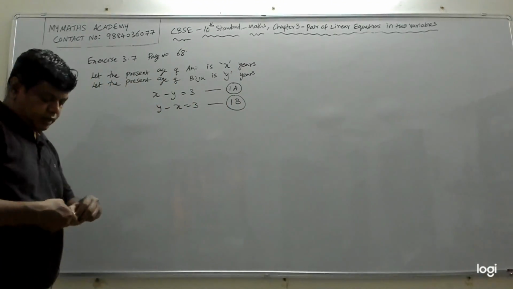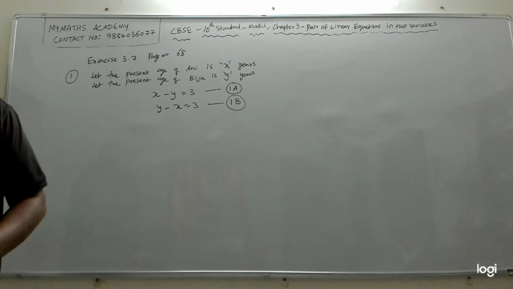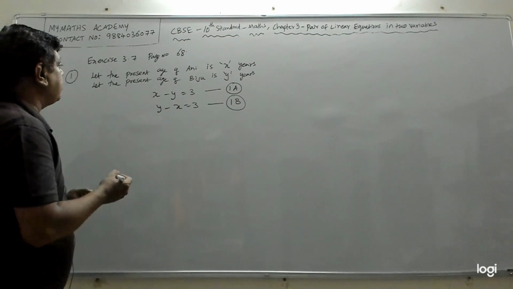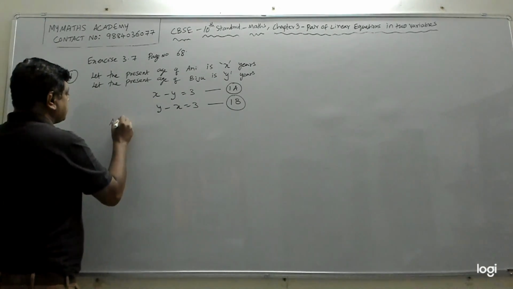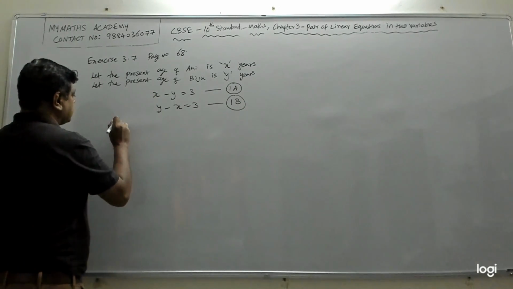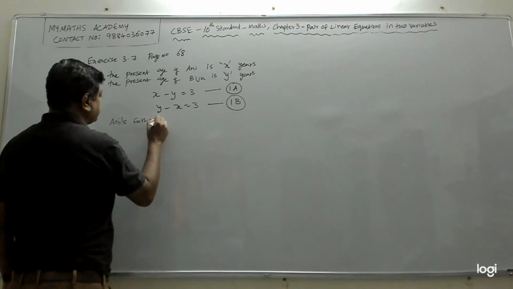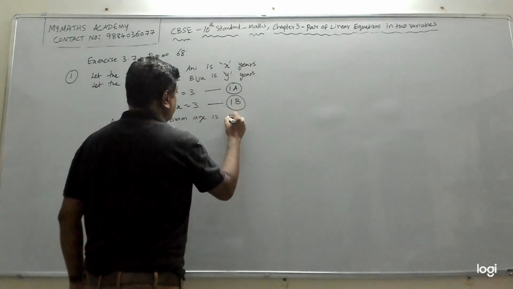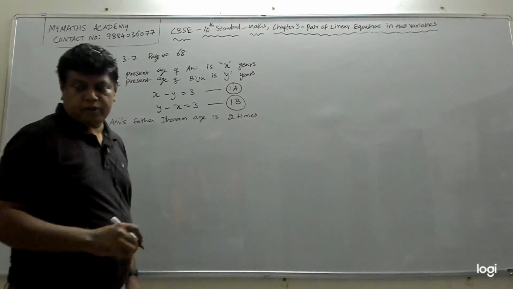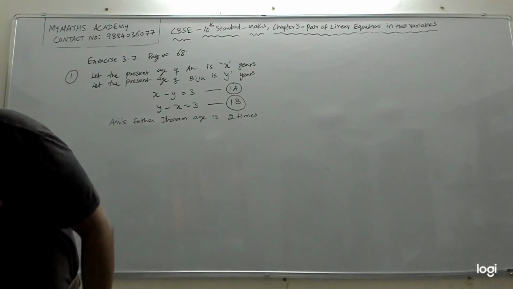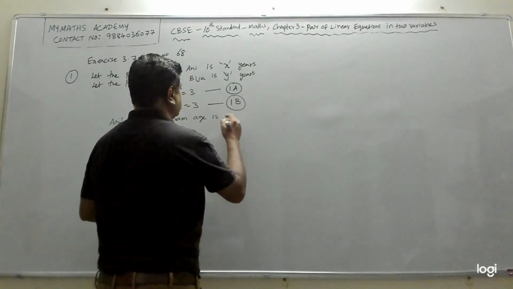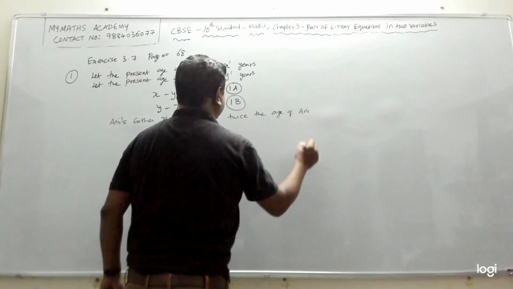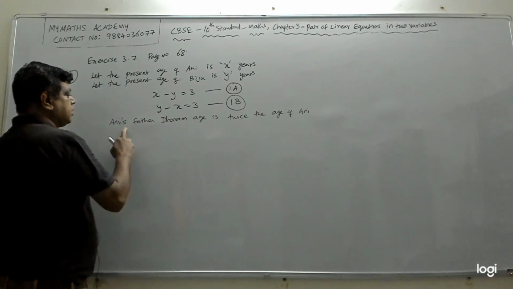The second statement is Annie's father Dharam is twice as old as Annie. Twice means 2 times. You can say 2 times or twice. Annie's father is Dharam.